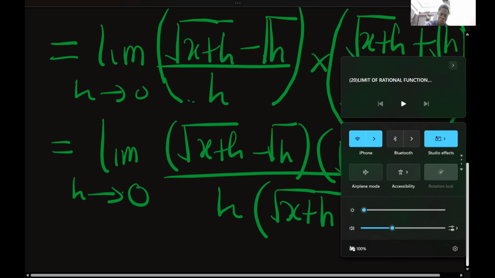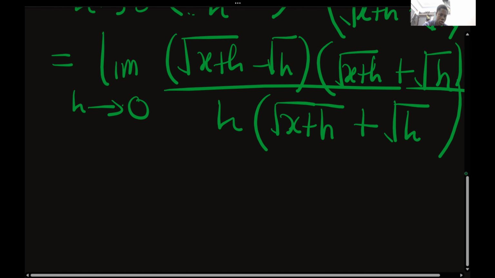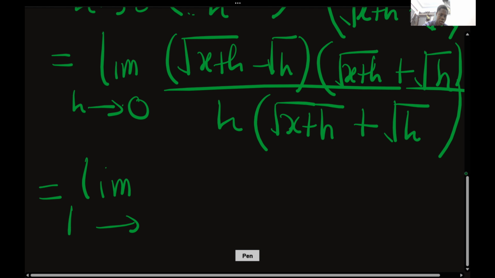So we continue to evaluate. So we are going to get the limit as h approaches 0. So you could start at the expression as the numerator has a difference of two squares.